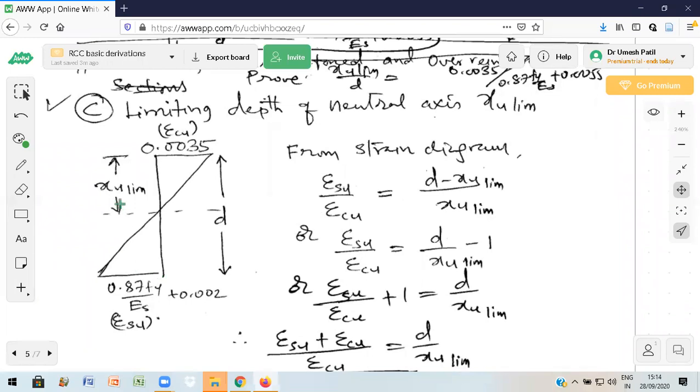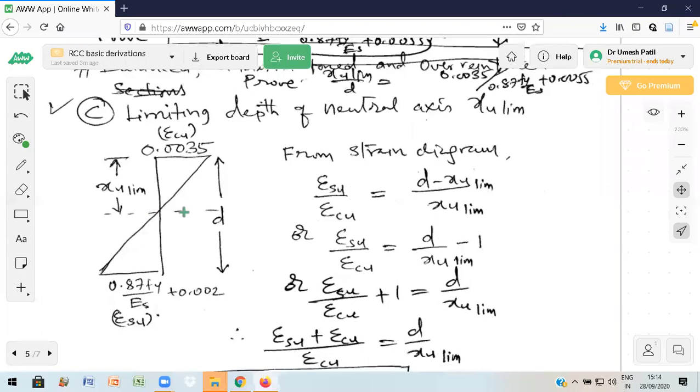Now my question is, what is xu limit? Xu limit is the depth of neutral axis for a balanced section. It means when both the materials are failing at a time, how should I find the depth of neutral axis. Now I have written xu limit, 0.0035, here εsu.